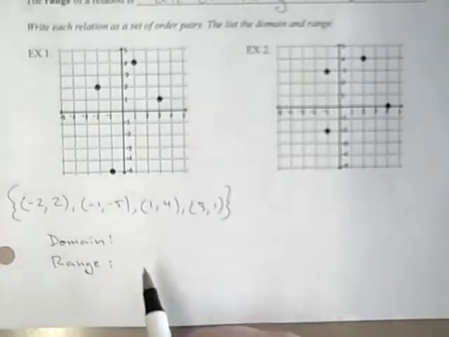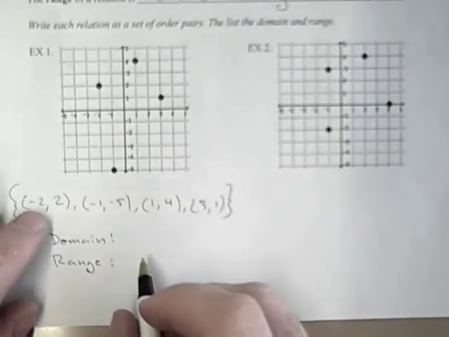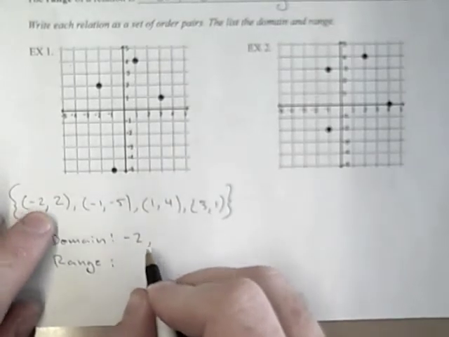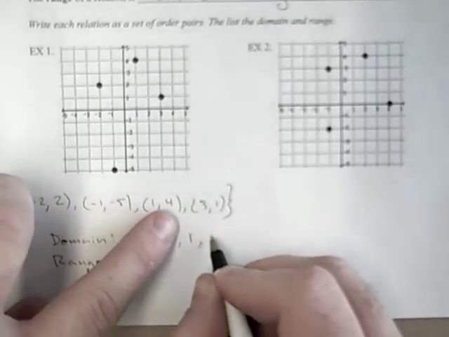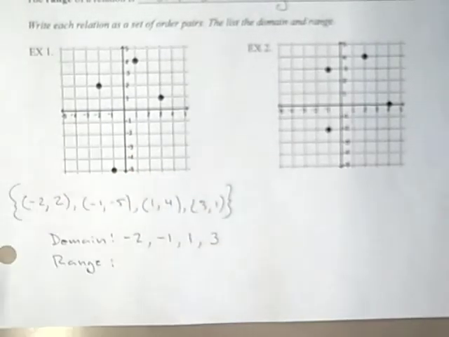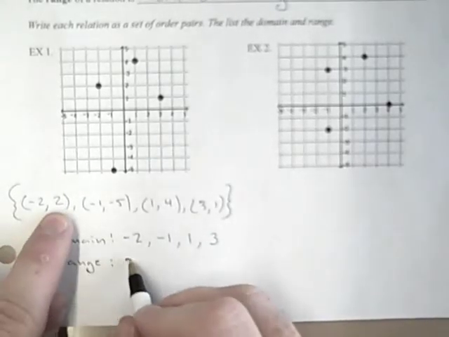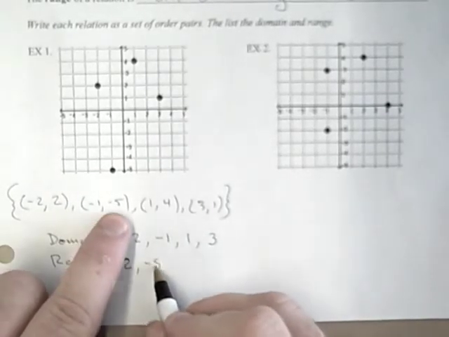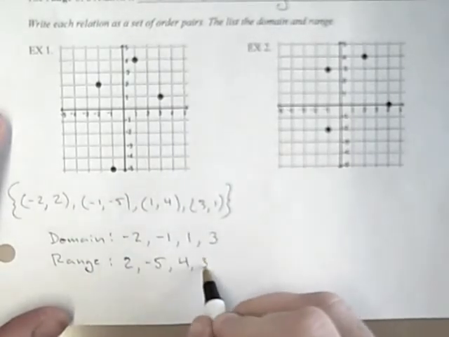For the domain, I'm just going to go through and pick out each of the x values. So -2, -1, 1, and 3. For the range, I'm going to pick out each of the y values. 2, -5, 4, and 3.